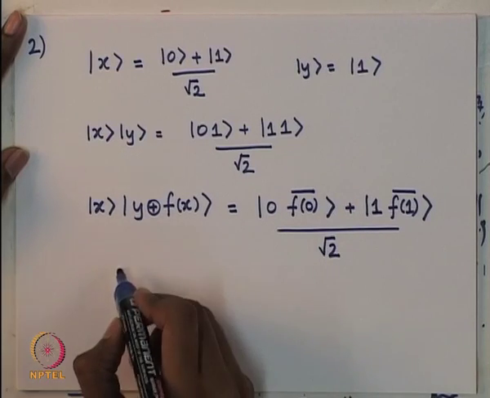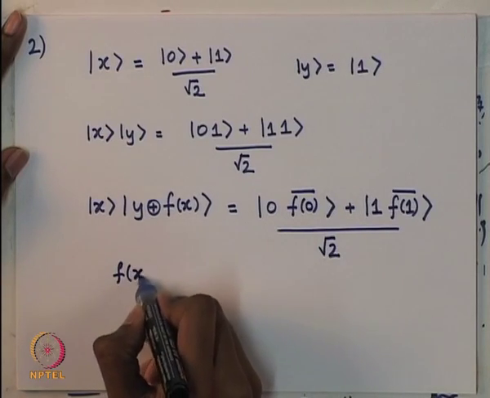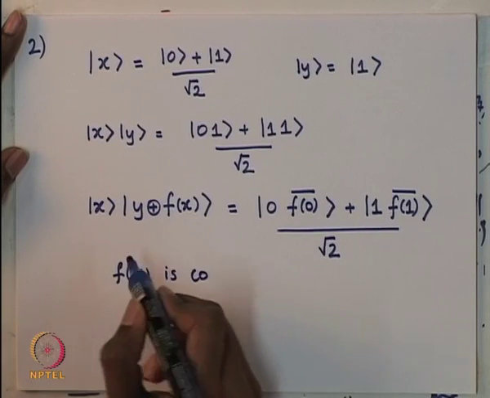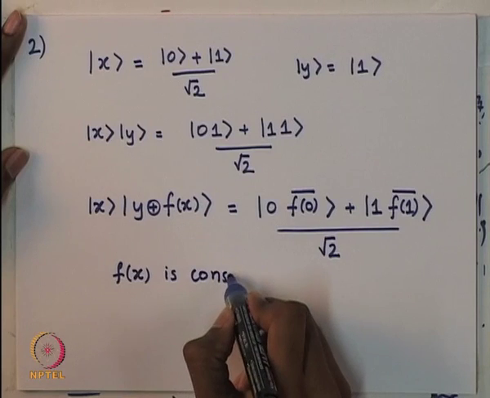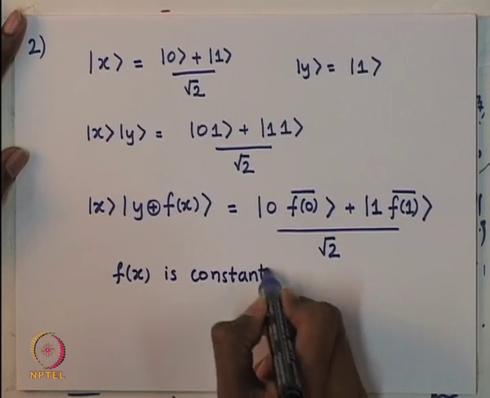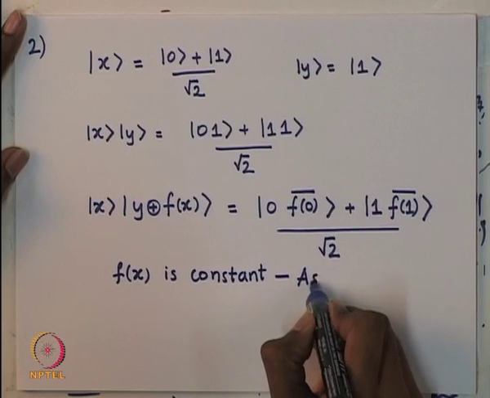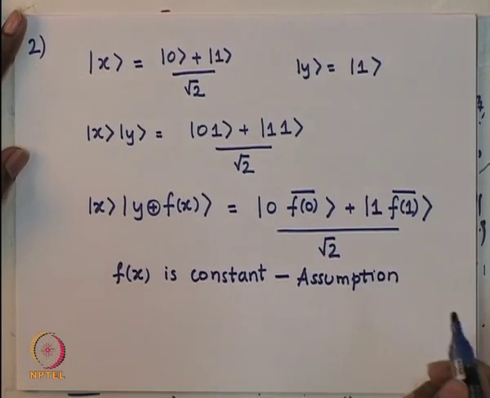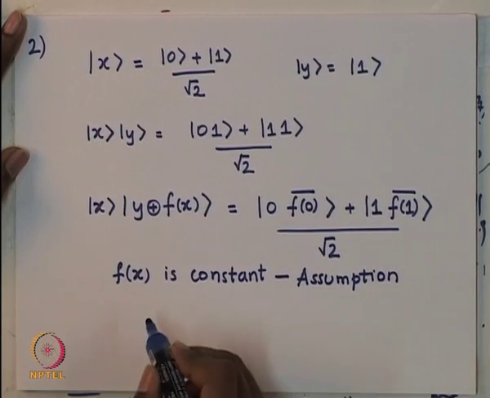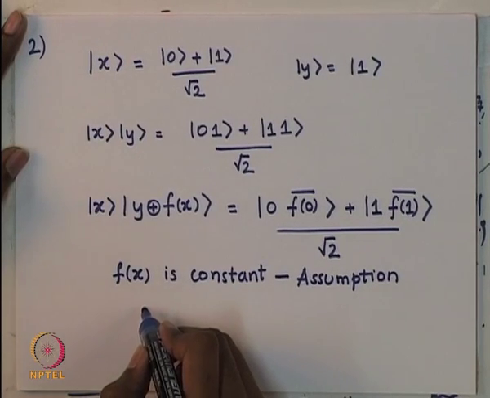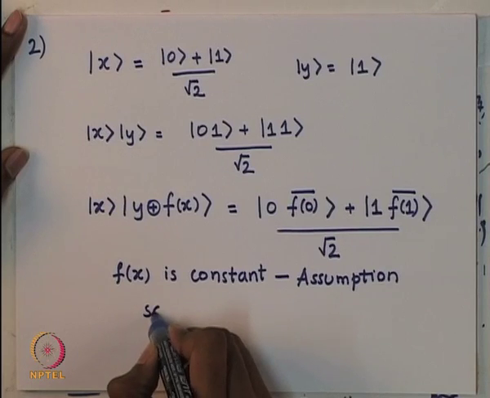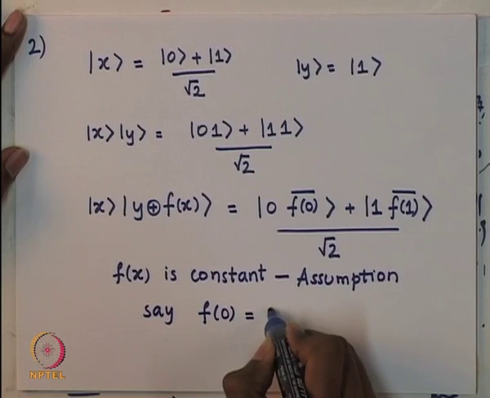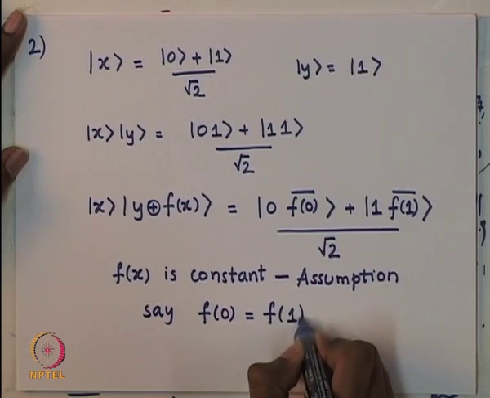Now let us assume that f of x is constant. Say f of 0 equals f of 1.